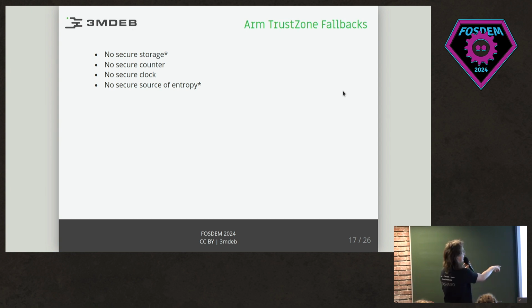But yeah, the secure source of entropy is a fun one because they've managed to achieve it via write-once fuses that have some random seed on them, and they're written once when the device is manufactured. They can be written again, and they act as a seed for random number generation. So fun.